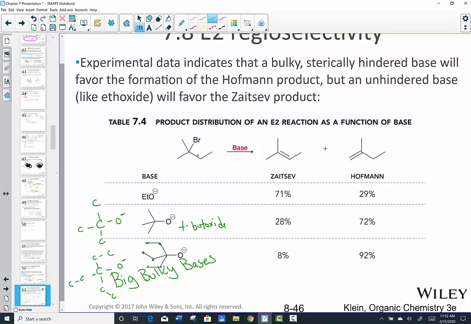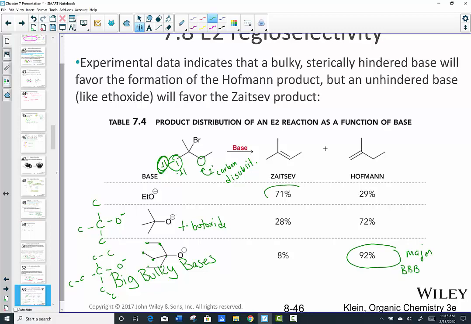So if this is your target, there's steric hindrance preventing it from reaching that secondary carbon, a carbon that's attached to 2 other carbons. Call it a di-substituted carbon. But over here, out in the open, this hydrogen really is not associated very close to anything at all. This hydrogen is very easily plucked off, even by a big bulky base. So you make the least substituted the major product when you use big bulky bases.